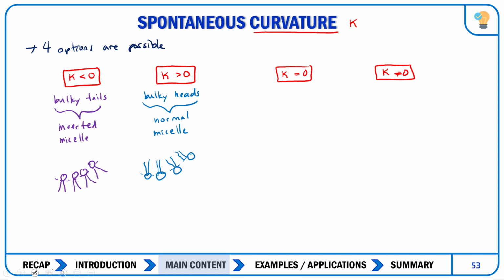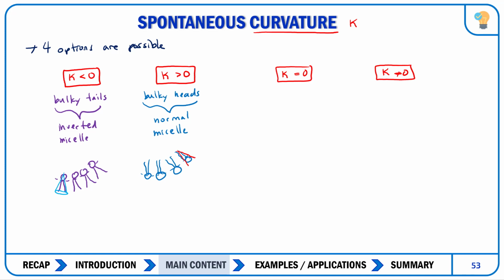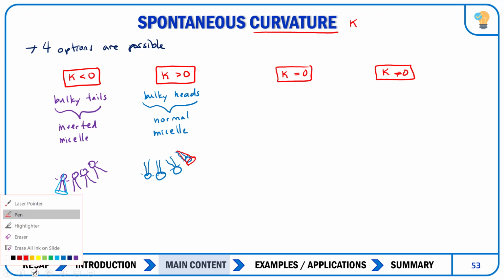Basically it's saying between the two of them, here you have bulky tails because your cone shape is going to look like this. Here you have bulky heads because your cone shape is now going to look like this. So fully inverted between the two of them.